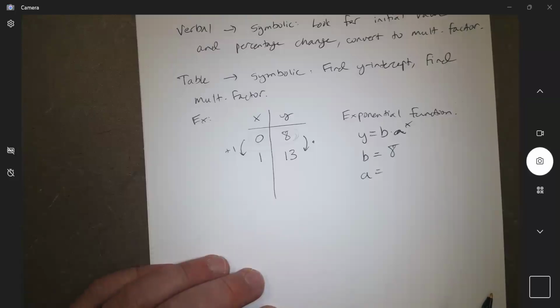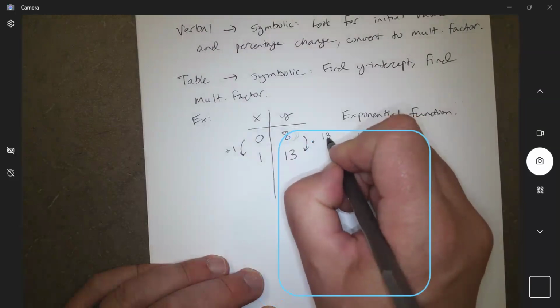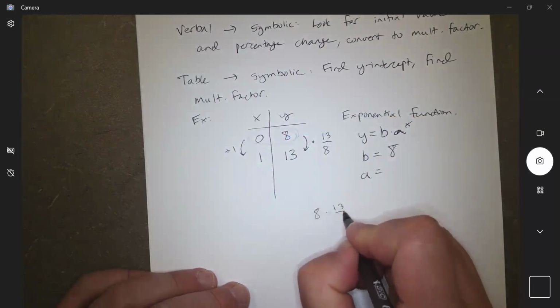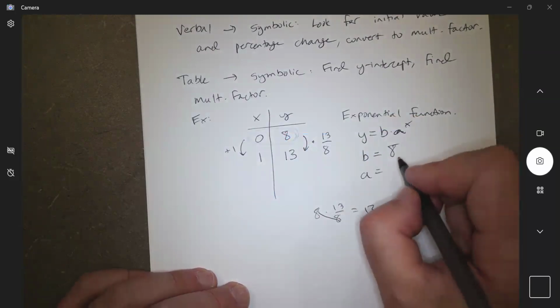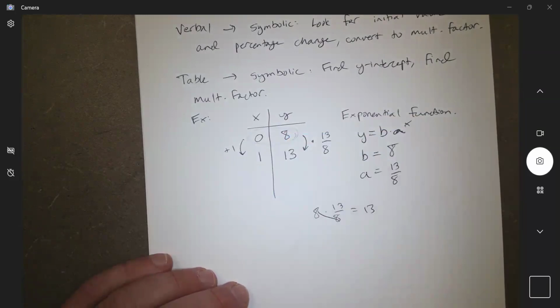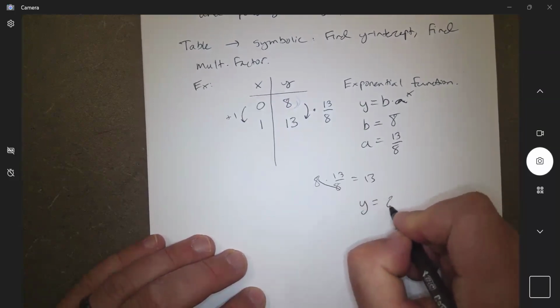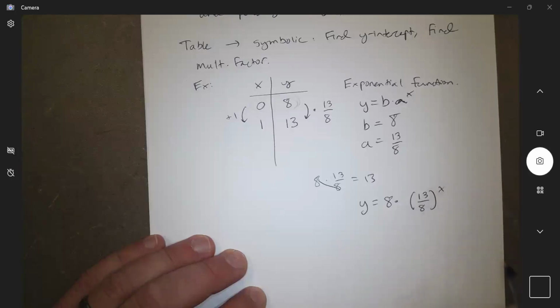But there is a pretty simple way to do it, which is if I want to get from 8 to 13, I can multiply it by 13 over 8. Because 8 times 13 over 8, those cancel, gives you your 13. So A is 13/8. And so it tells me that my function is 8 times 13/8 to the x.